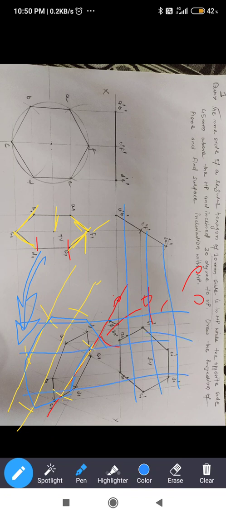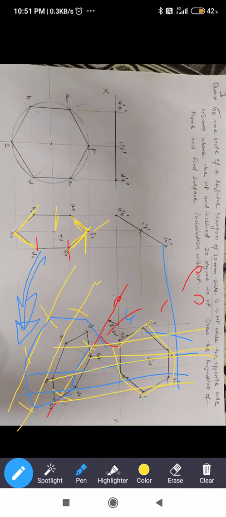So again you will get an intersection point, and you have to join all those intersection points, and you will get a figure here also. You get this figure by joining these projection lines.